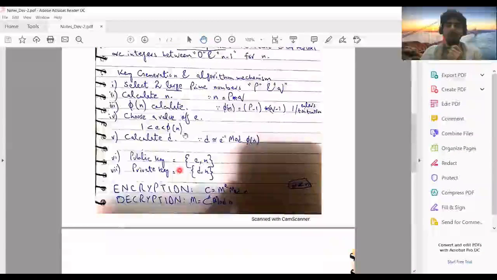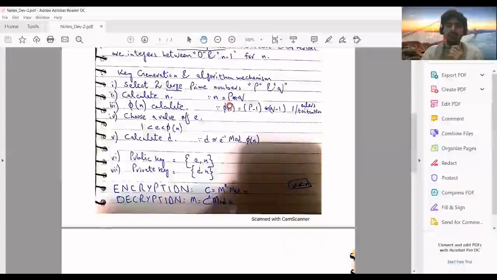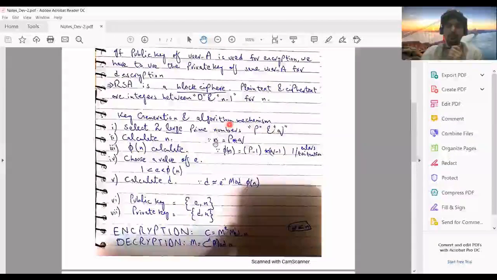Then we calculate d, by calculating e inverse mod phi of n. We take the inverse of e and then its mod with phi of n. Then we have our public key and private key. The public key is e and n, the values we calculated here.